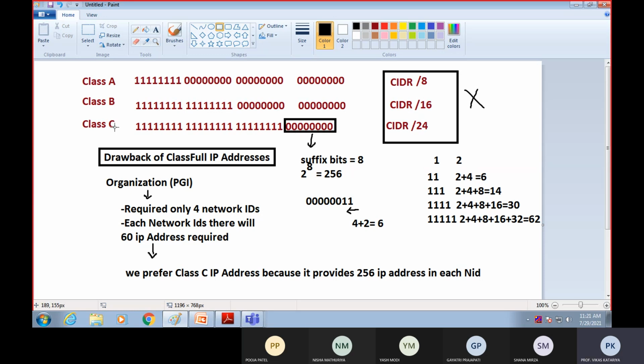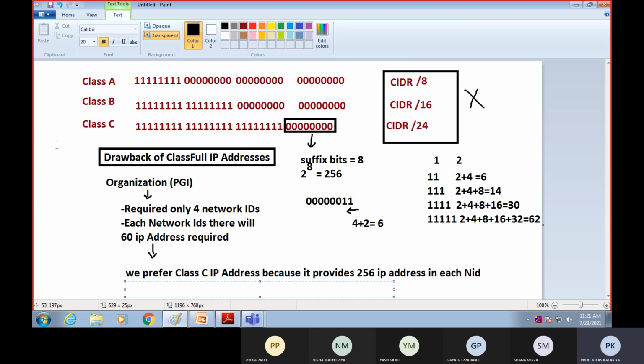So this class C will be converted. If we use CIDR notation, it will be converted in this way. We required only 4 network IDs. 4 network IDs means 2 plus 4, that is 6.